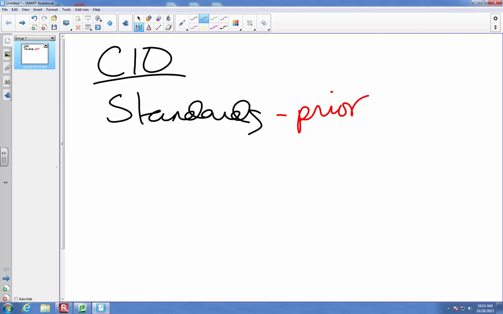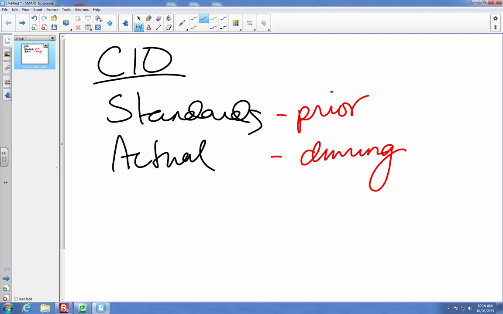And this is not new. You've heard this many times. Then we look at what actually happened, and obviously that occurs when? During, right? And then we get to the end of the process, and what are we going to do?